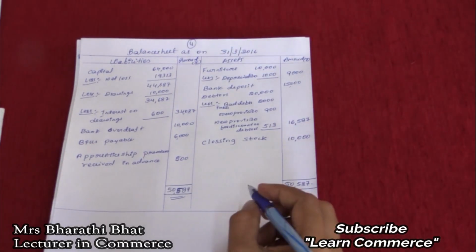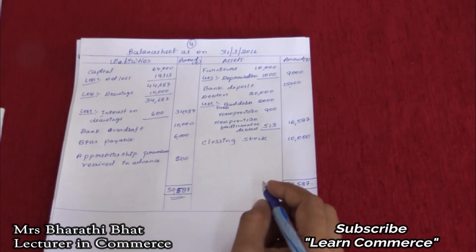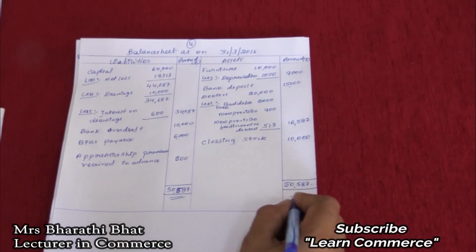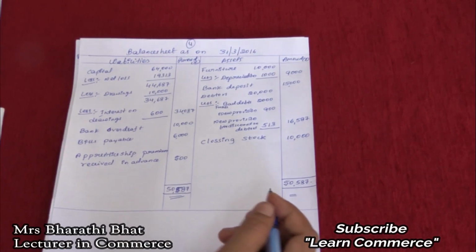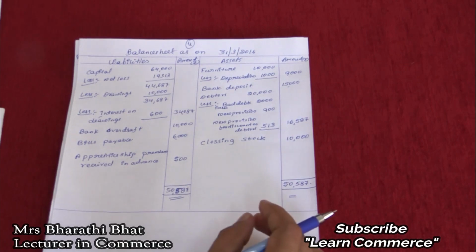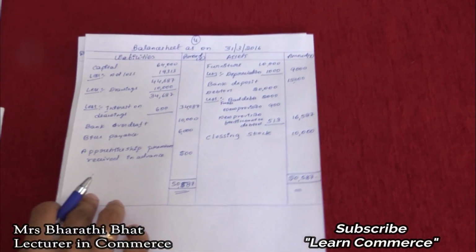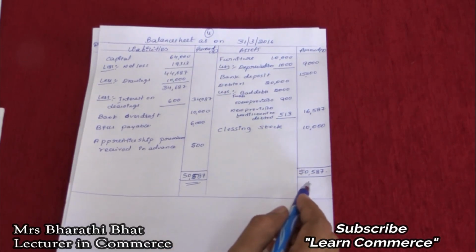Now your balance sheet is showing the equal value on both sides, that is asset side and liability side. According to the agreement of this balance sheet, our assets must equal the liabilities and capital of the firm. So here we achieved that. So 50,587 on both sides.